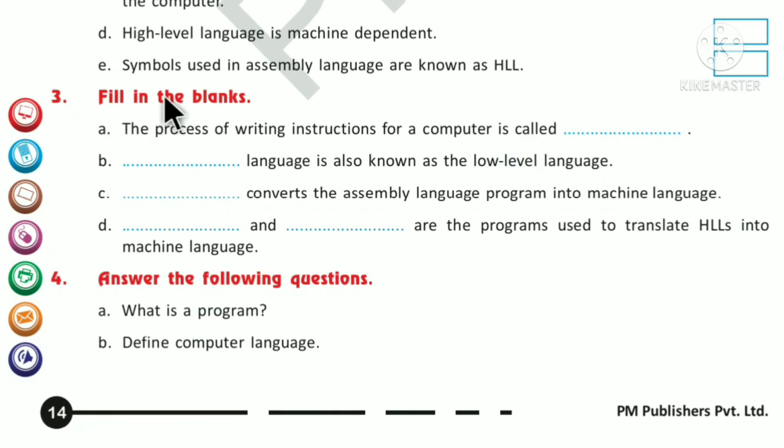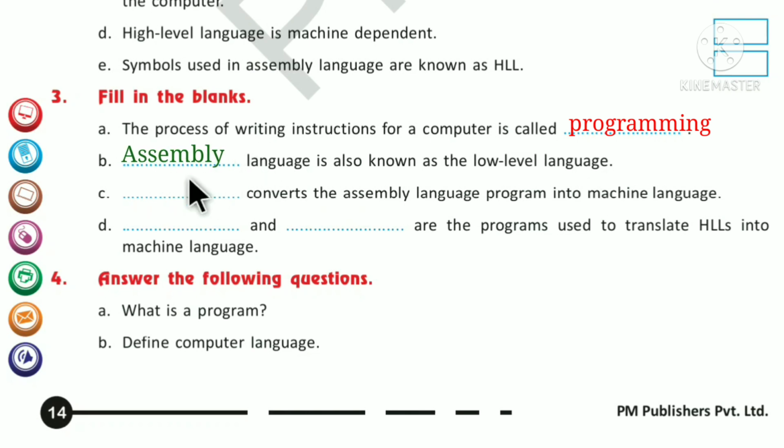Three. Fill in the blanks. A. The process of writing instructions for a computer is called dash. It is called programming. B. Dash language is also known as the low level language.